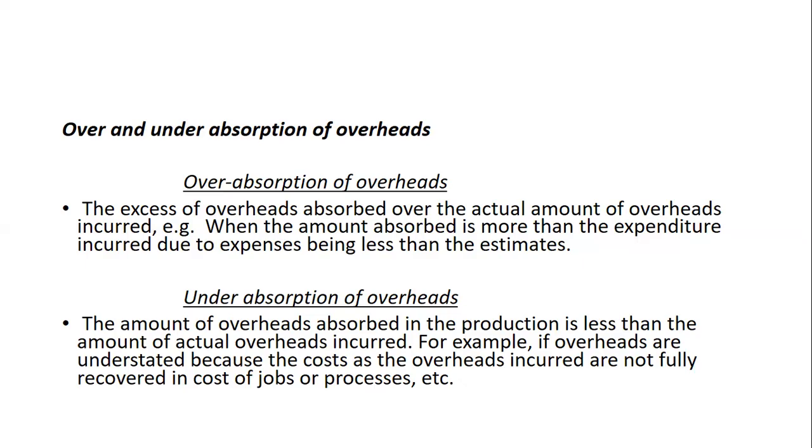The overhead absorbed is an estimate, and the actual overheads is the real overhead that the business incurred. Now, if what the business estimated, which is what we call overhead absorbed, is more than what they incurred in reality, which is the actual overheads, then that is over absorption of overheads.